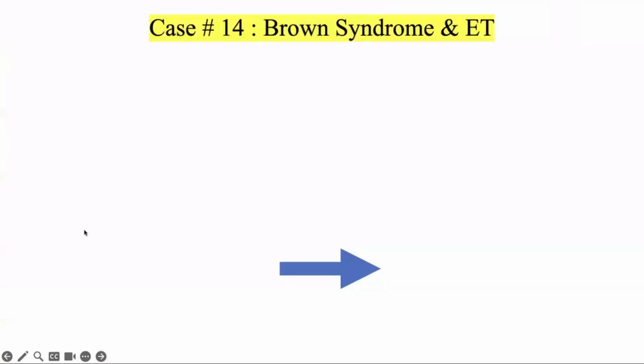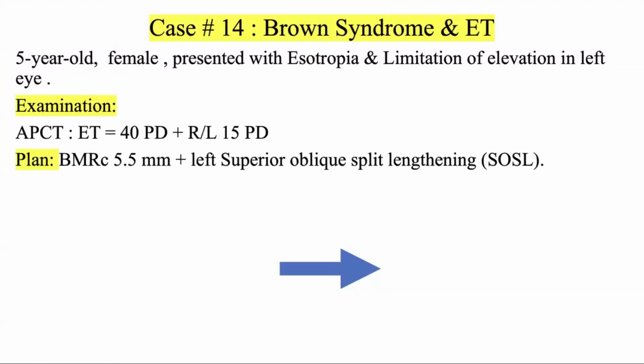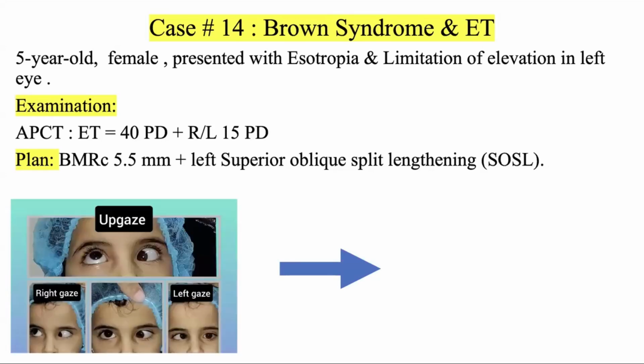Okay? So this is a 5-year-old female presented with both esotropia and limitation of elevation in the left eye. In some cases you might find two pathologies in the same patient, like this patient. She had esotropia and Brown syndrome in the left eye.